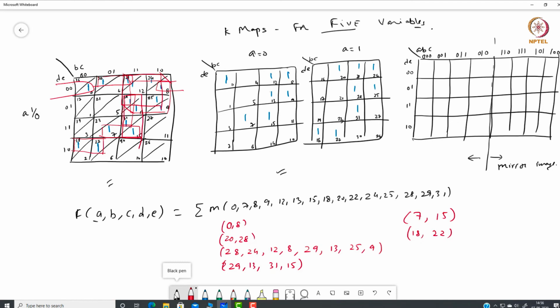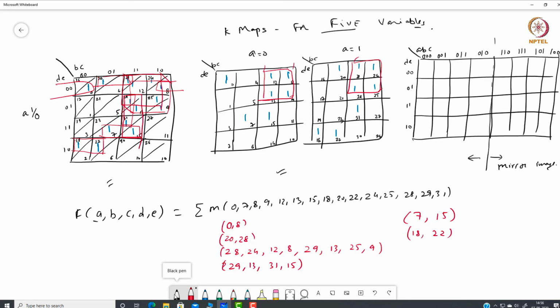If I want to do the same thing here, let's say these are the 4 which can be combined and these are the 4 which can be combined. Because they are overlapping, we can create a bigger cube out of them.